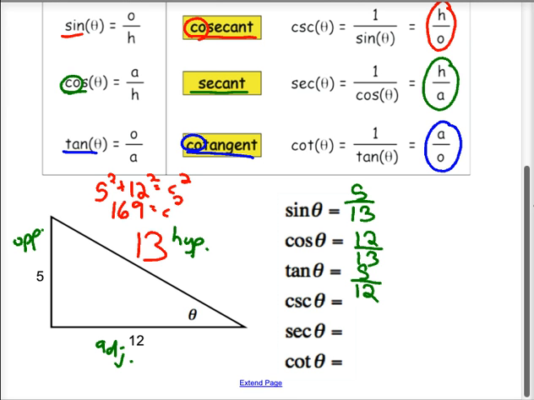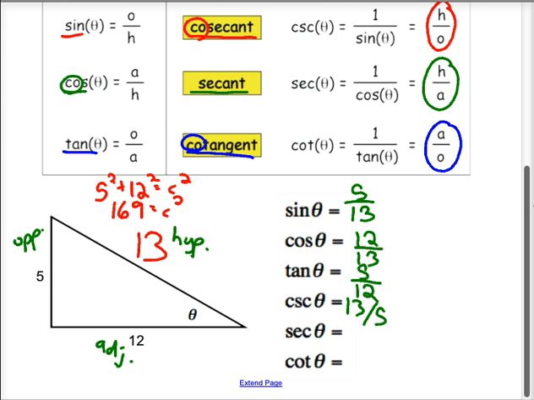And now we're getting into those new ones. And again, this is what I mean about pairing them. So cosecant. Well, remember, if every pairing needs a co in it, that means cosecant is paired with sine. So if sine is opposite over hypotenuse, cosecant is hypotenuse over opposite. Secant. So remember, every one of them needs a co, so secant must go with cosine.